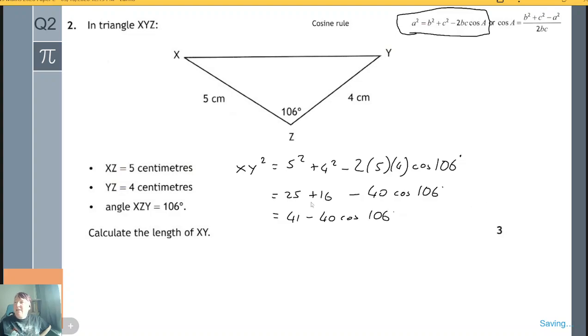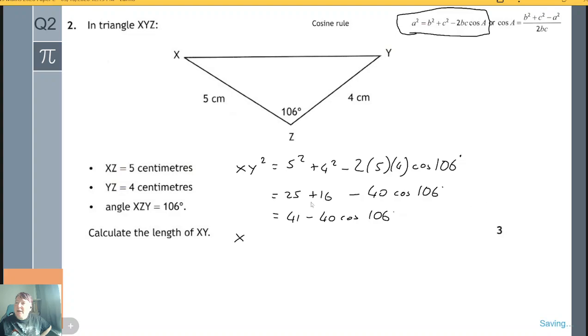Even if I didn't get my calculator out at this point, remember this is XY squared I'm working out, I've still got 2 points. I've only got 1 point left to do, and that's put it in the calculator and square root it.